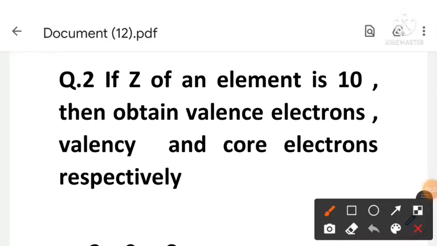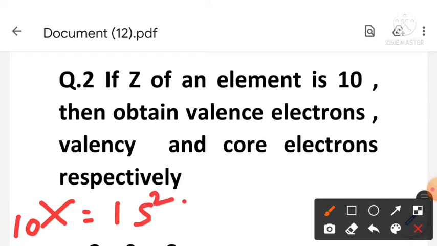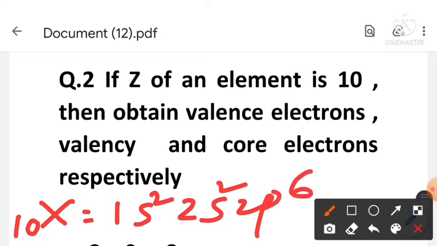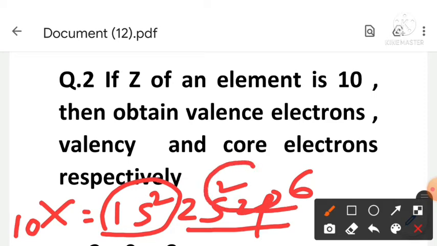If Z of an element is 10, then obtain the valence electron, valency and core electron. Now first we write the electronic configuration. Suppose any element X has Z of 10, we write the electronic configuration 1s2, 2s2, 2p6. We know that this is the innermost shell and that is the outermost shell. So it is known as valence electron.